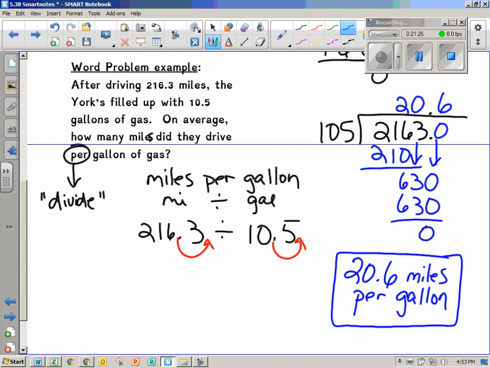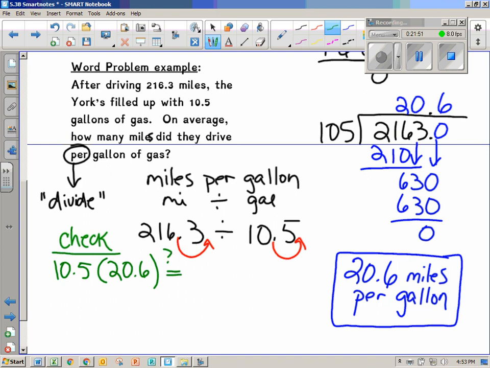If we were going to check this one, let's show what we would do to check. I'll write it over here. Remember, you want to check in your original problem. That was right here. So we want to show that 10.5 multiplied by 20.6 actually equals, I'll just put a question mark there.